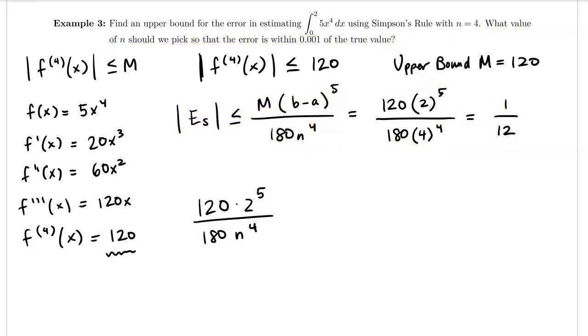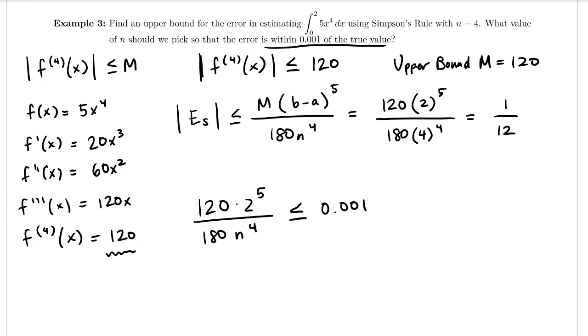So I've gone ahead and rewritten that fraction, except now we have n in place of 4 since we want to know how many subintervals we need so that our answer is accurate enough, or more specifically within 0.001 of the true value. So we want to set this less than or equal to 0.001. And now we're solving this inequality for n.